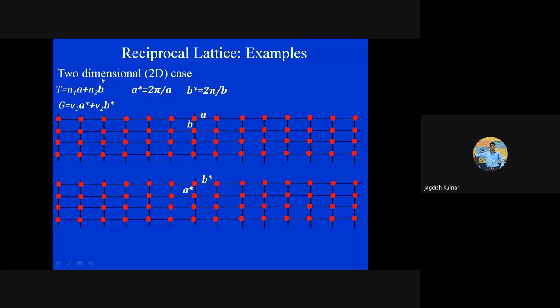Then you have to look for the generating rules. I mean, what will be the rule according to which we can generate the reciprocal lattice? So we will be in a position to generate the reciprocal lattice. Once you have the reciprocal lattice with you, you will be in a position to write down the corresponding Fourier series for a particular two-dimensional periodic structure or even a three-dimensional periodic structure.